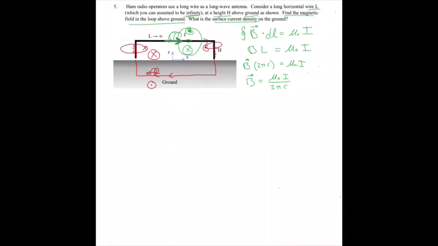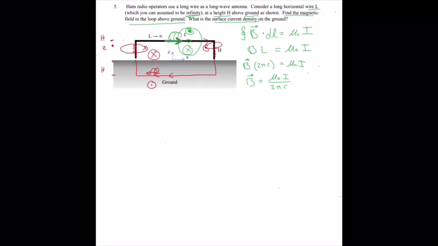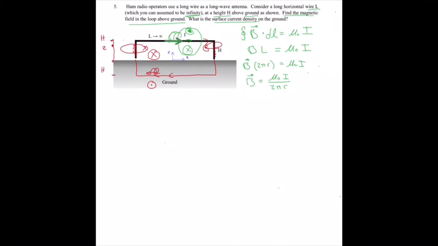Okay, our next step is to figure out what our r distance is. So if we pick a point within our loop, let's call this our z point. We know that the very top here is h, and likewise on the bottom, this distance is also h. So on our top section, we have this h distance, but then we need to subtract this z distance to get our radius.